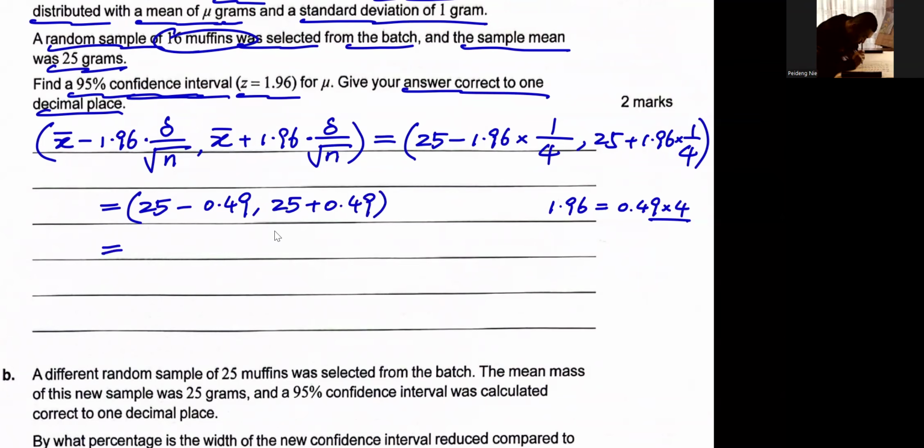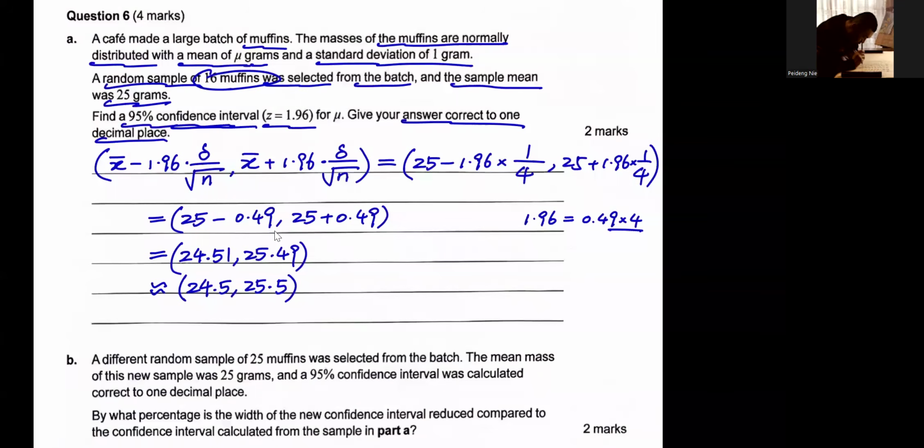So pretty much this is 24.51 and 25.49, but that's correct to 2 decimal places. If I round them both to 1 decimal place, I would get 24.5 and 25.5. Okay, something along this line.